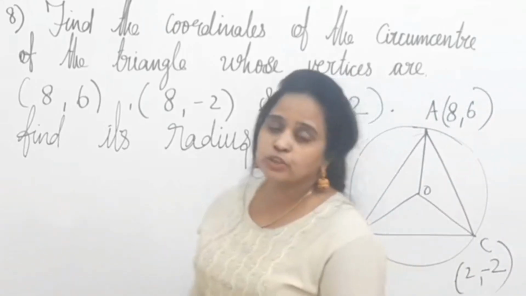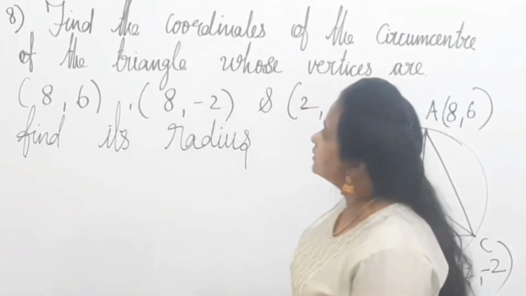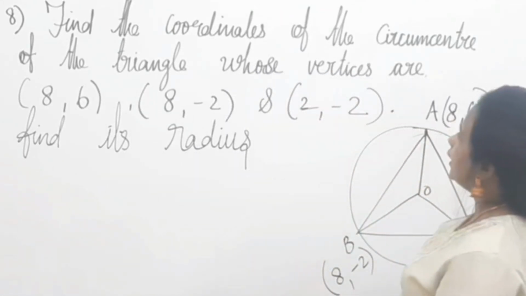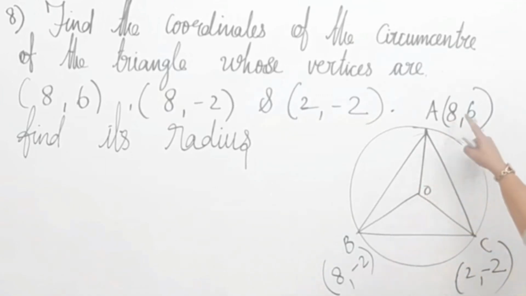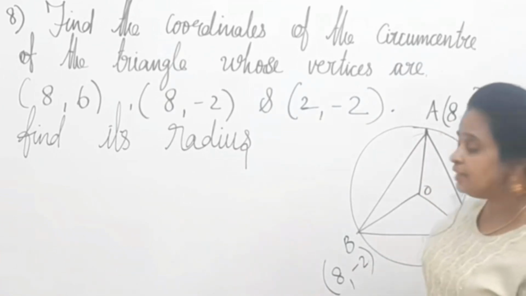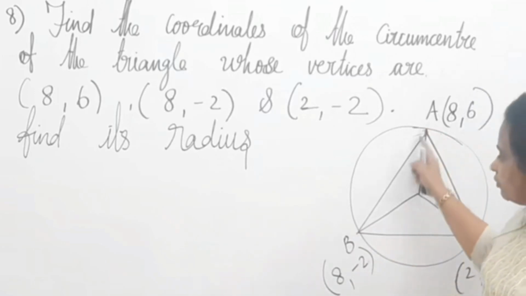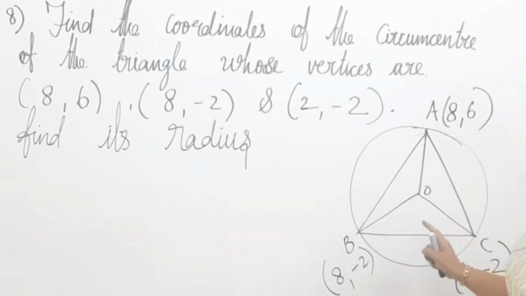Children, we move on to the 8th question. The question says like this: Find the coordinates of the circumcenter of the triangle whose vertices are (8, 6), (8, -2) and (2, -2). Circumcenter in the sense you will have the triangle which is inscribed by a circle.